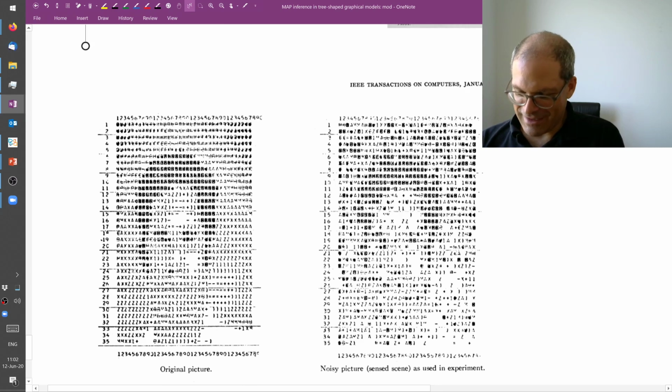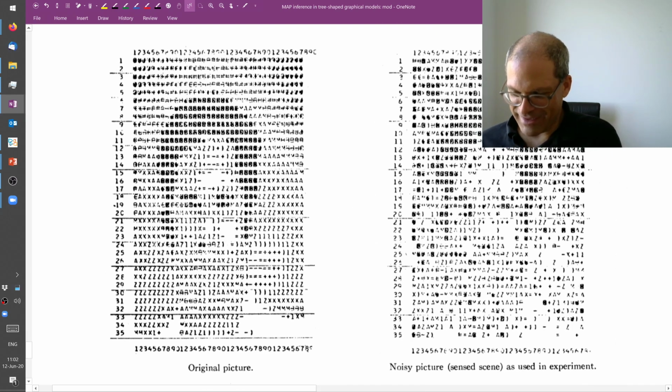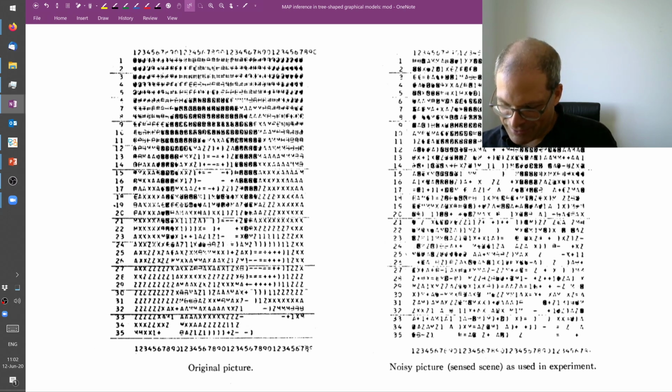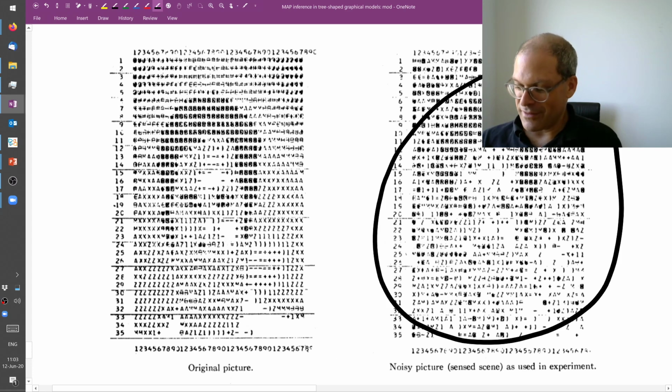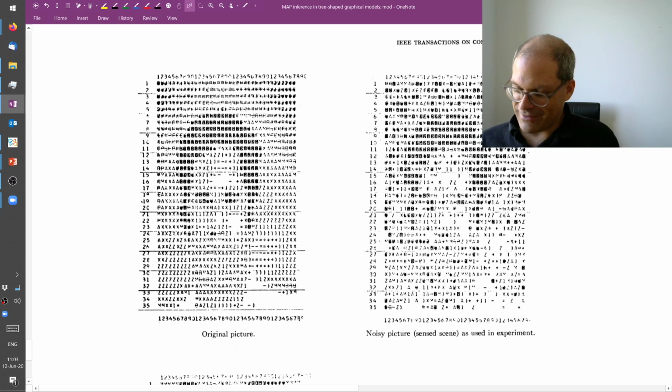An image was shown by typing different characters on top of each other, and the higher the density, the darker the pixel. A face image had this many pixels at the time, 35 by 20-something pixels. That was a good picture, what you see here. On the right hand side, they deteriorated the picture by adding noise.